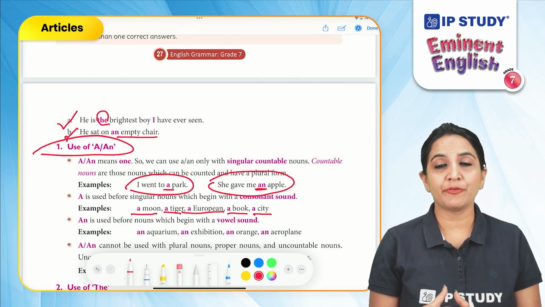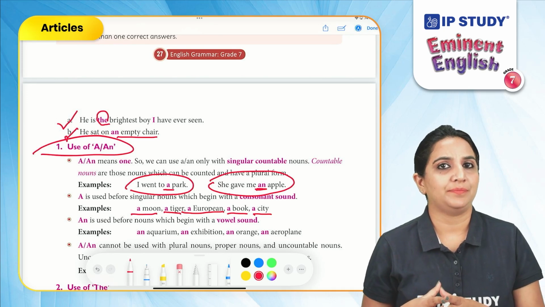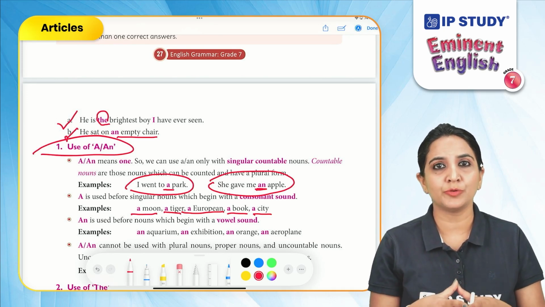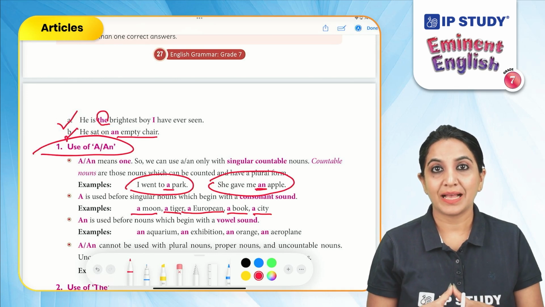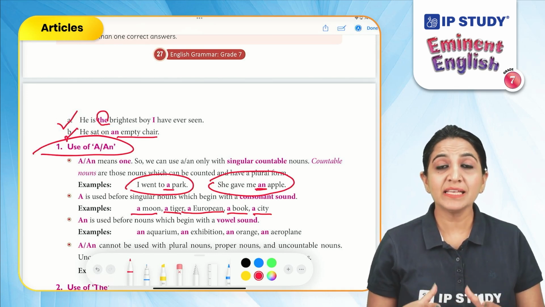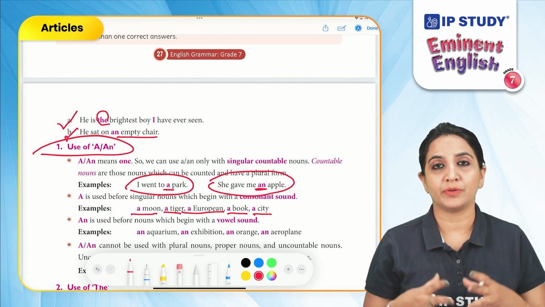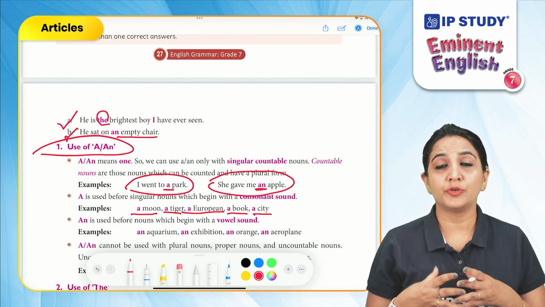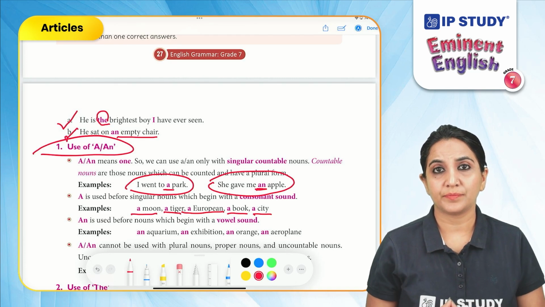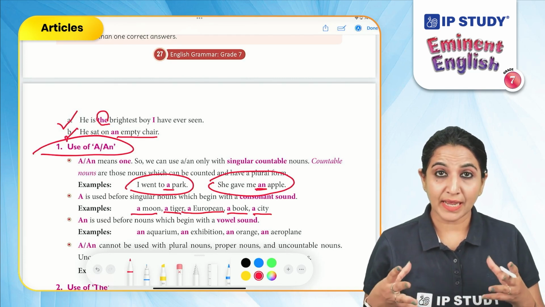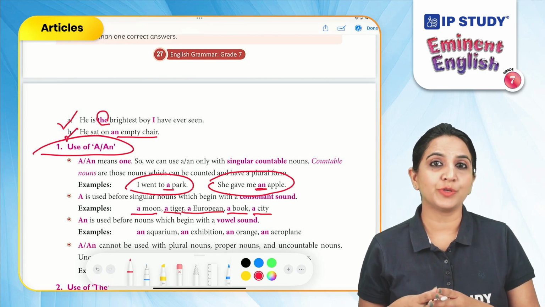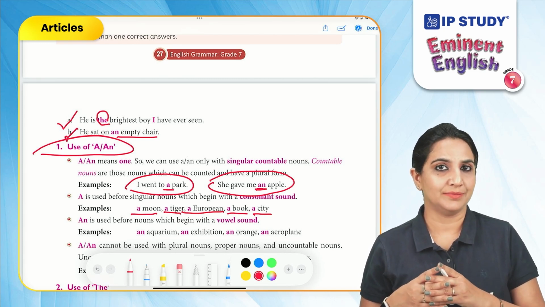European, you're referring to any European city. A moon, you're referring to full moon, crescent moon, and so on. A tiger means any tiger. But if these nouns are plural, for example, books, European cities, tigers, in those cases, you're not going to use the article a.